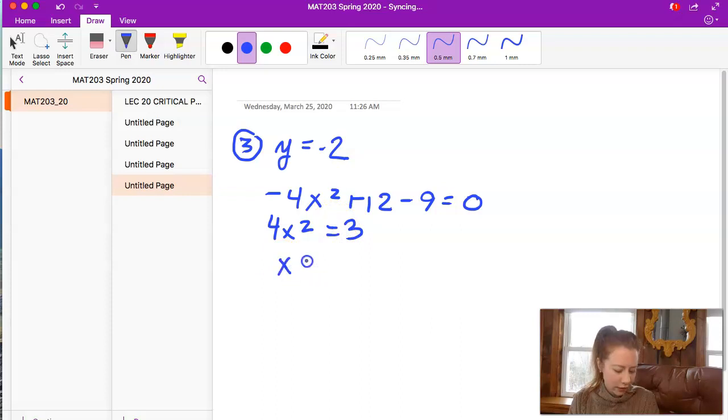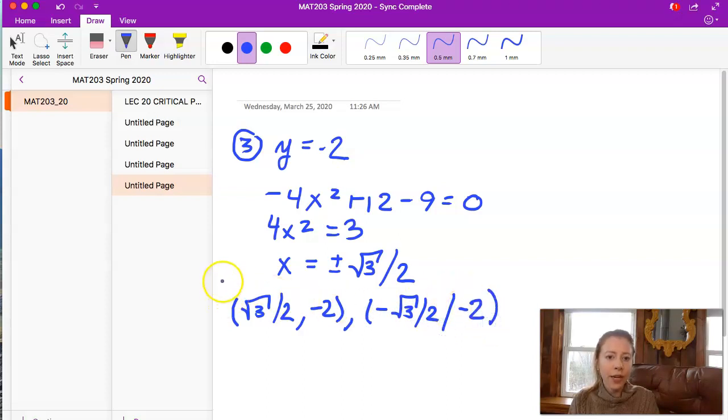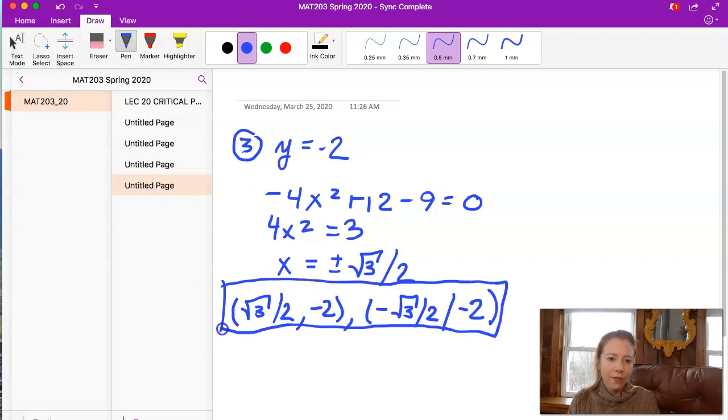So x is equal to plus or minus the square root of 3/2. Okay, so once again, we get 2 critical points out of this value for y. So we have x is positive the square root of 3/2, and y is minus 2. And we also have minus the square root of 3/2 for x, and that's when y is minus 2. So now we have 4 critical points to investigate further.